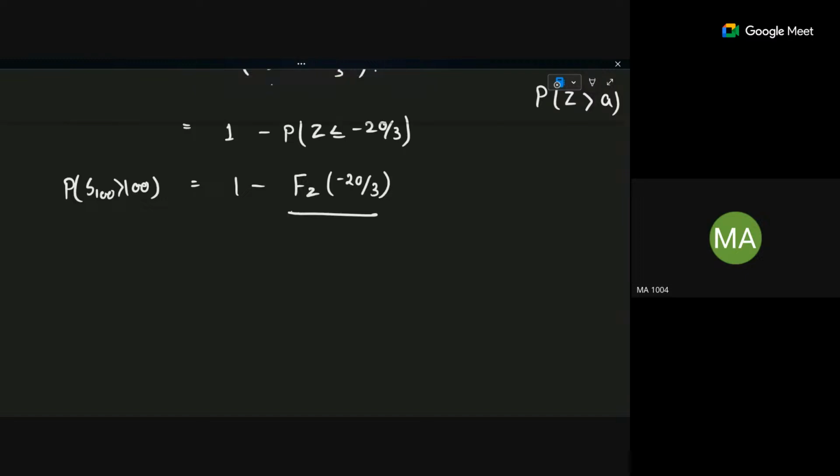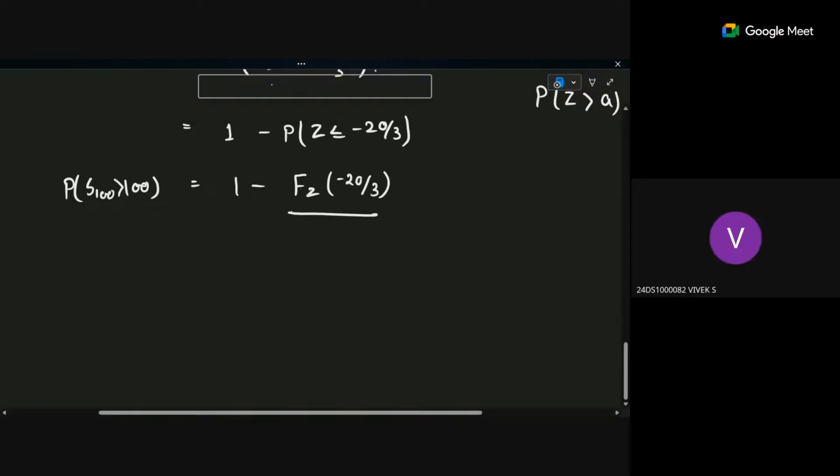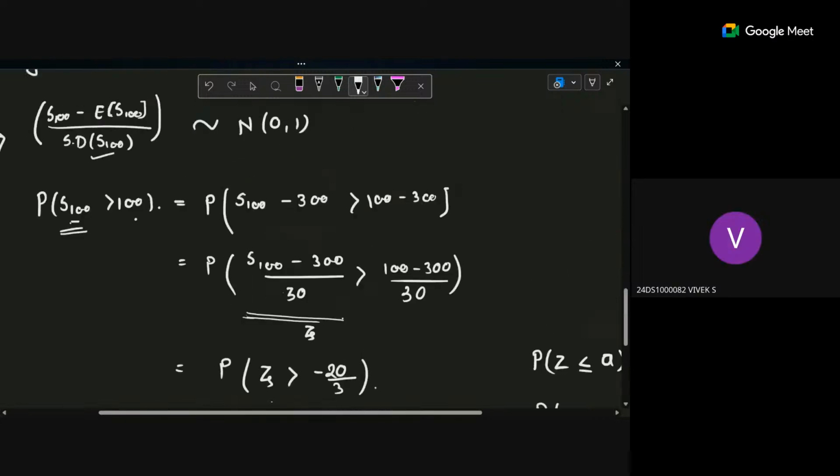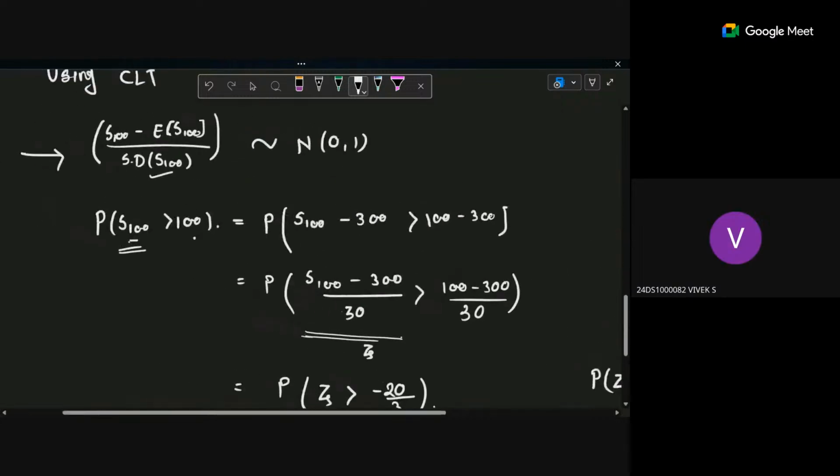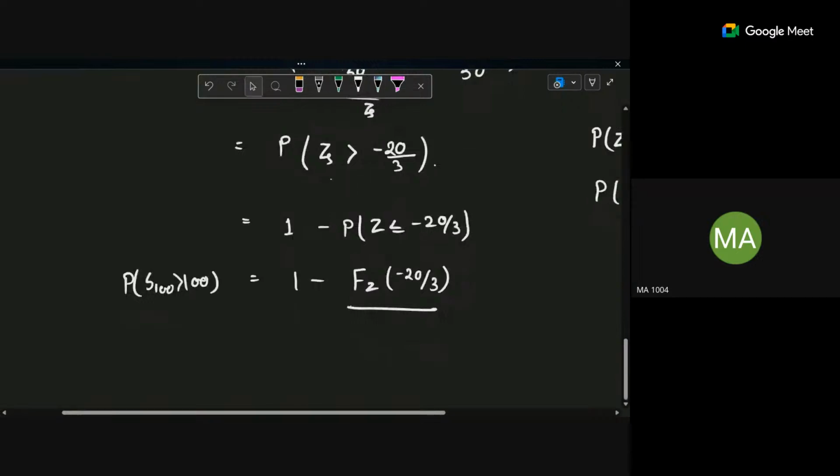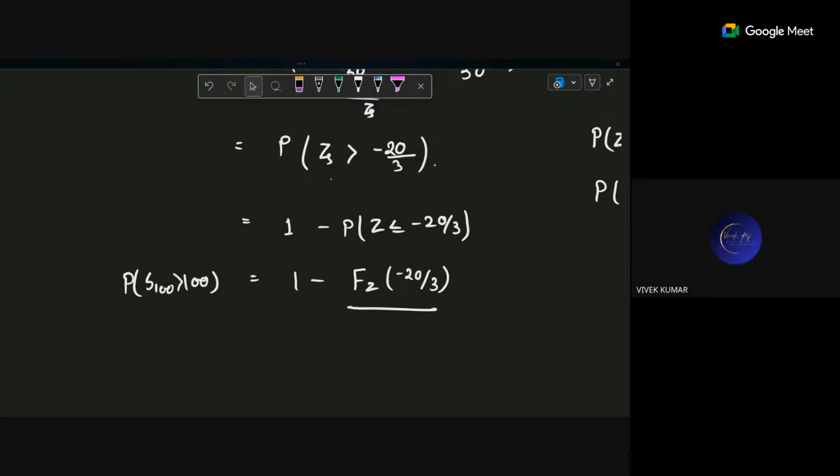Any doubt? Ma'am, I have a doubt. For the graded assignments, we don't have the values given for this. Can you help us with this, ma'am? We can use another resource or website, like a standard normal table.